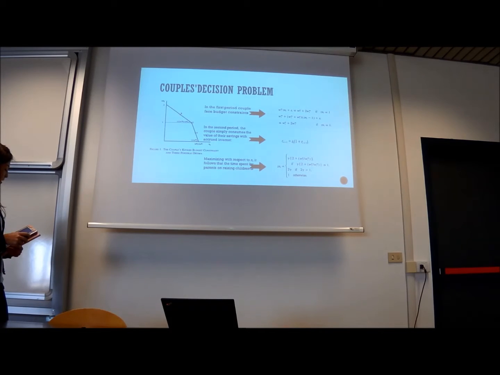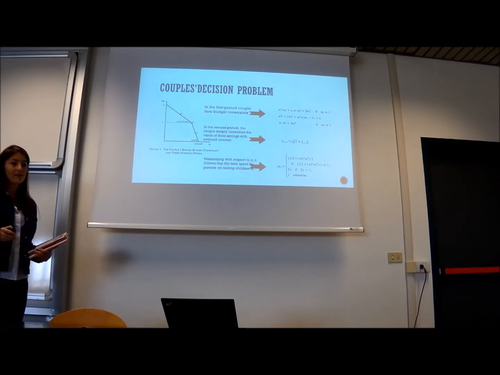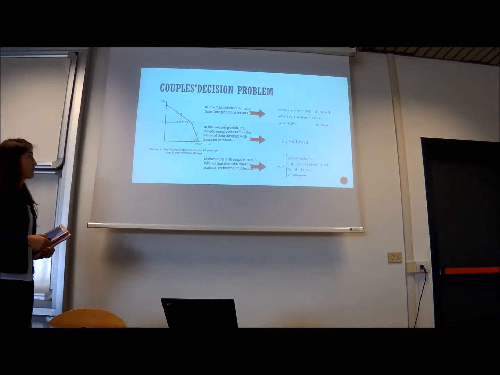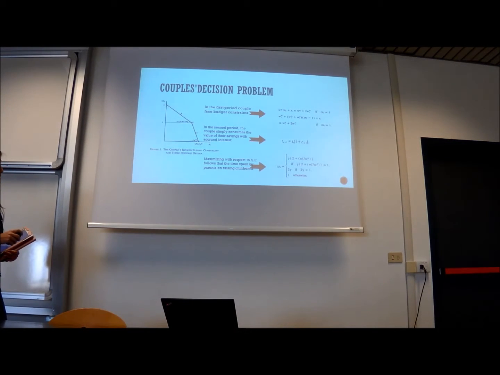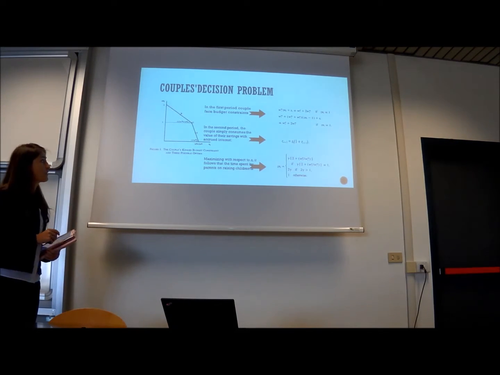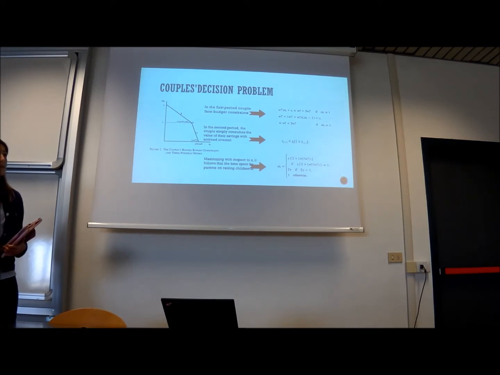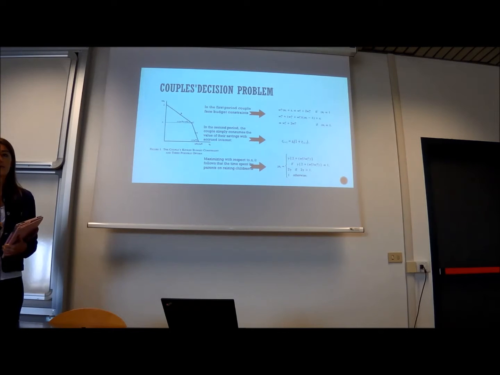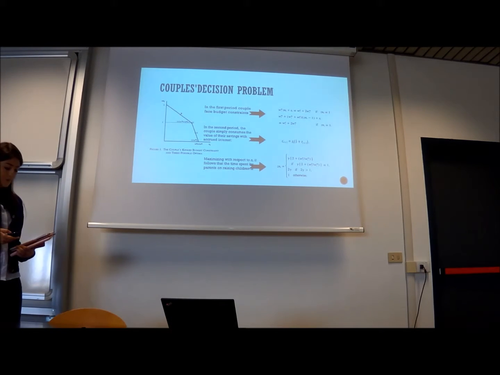At point B, the man will work part-time and raise children part-time, but the woman raises children full-time. And at point C, the woman raises children full-time and the man works full-time.